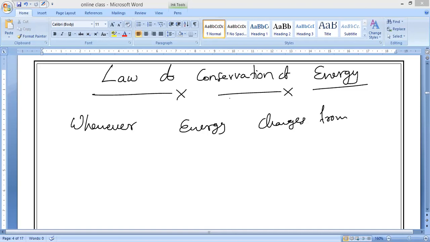That is what we call the law of conservation of energy.